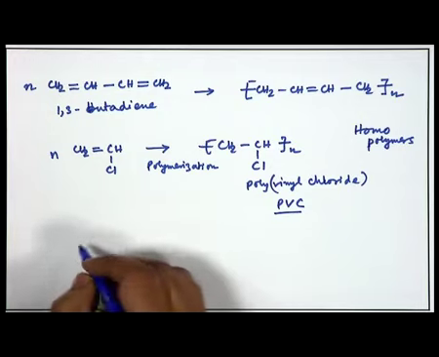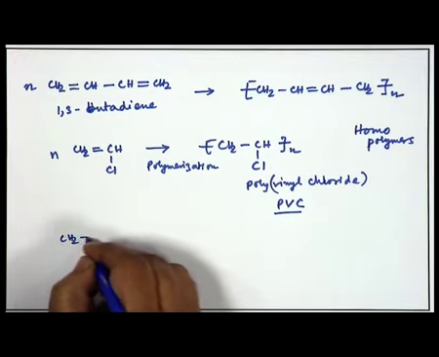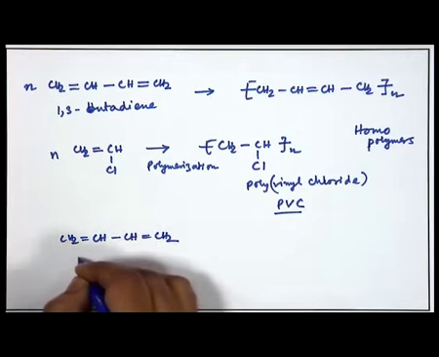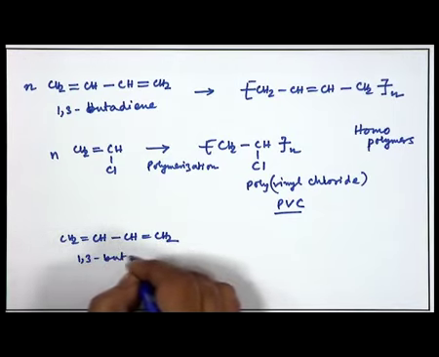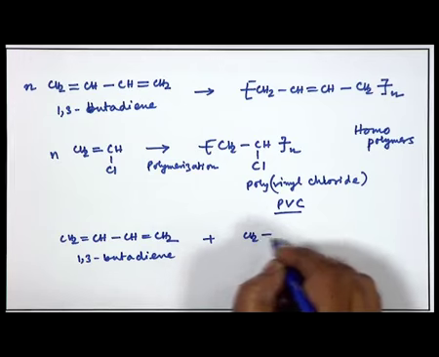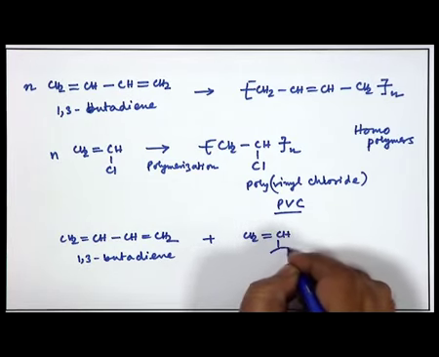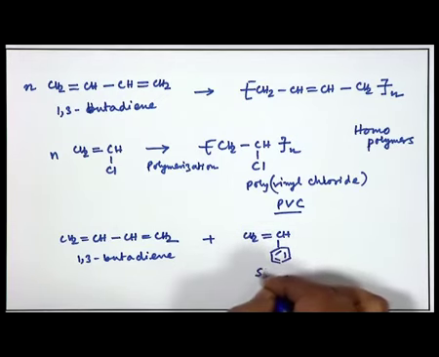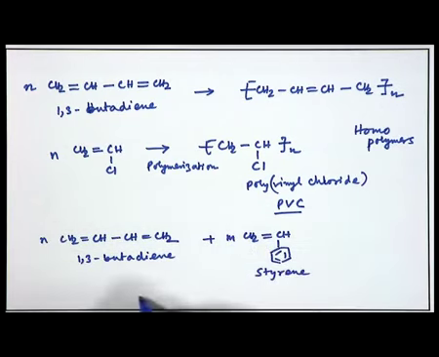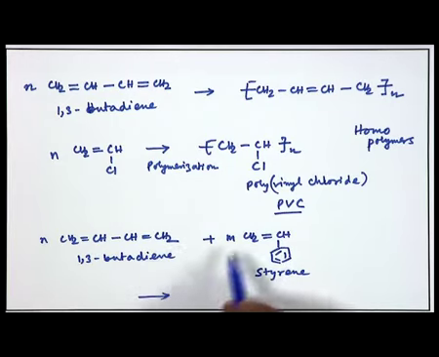If we do the same thing with, for example, 1,3-butadiene plus we take another monomer, styrene, then we can get an addition polymer which is a combination of these two, and we call that a copolymer.